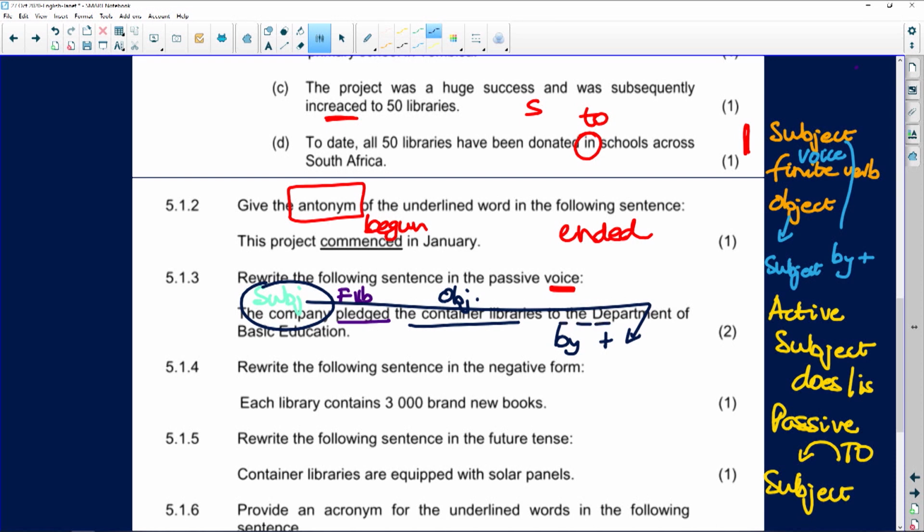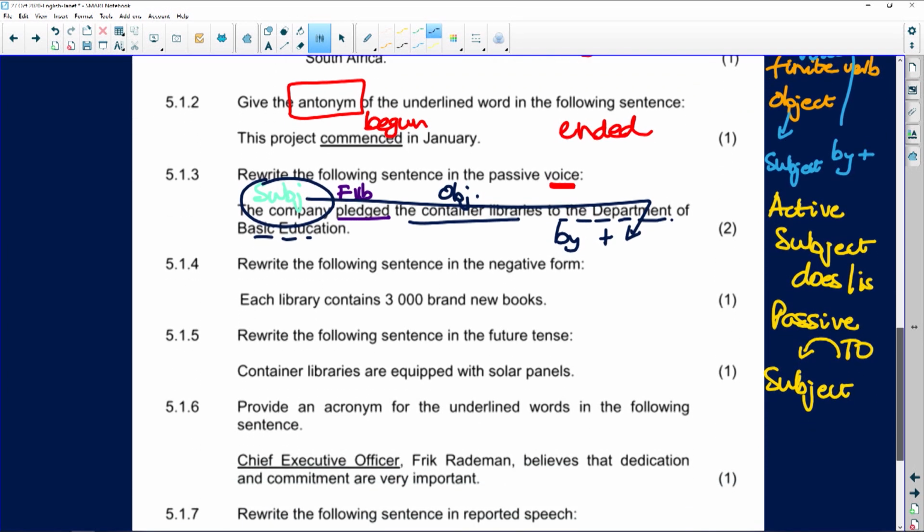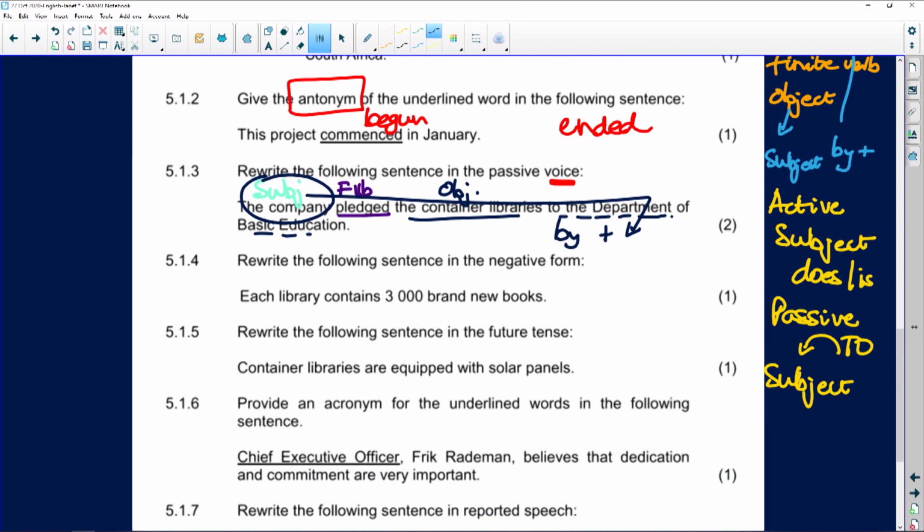Now you've got to decide where you're going to put the rest of the sentence. And you can put it in anywhere you like that makes sense. The container libraries were pledged to the Department of Basic Education by the company. Sounds quite nice to me. It doesn't matter. Right, negative. We're going to make the verb negative.